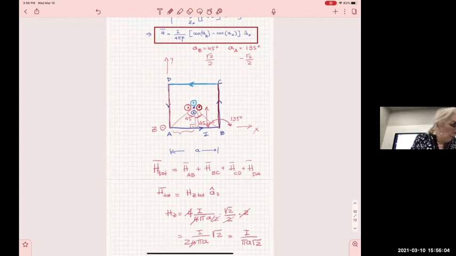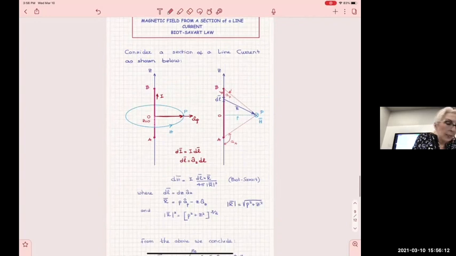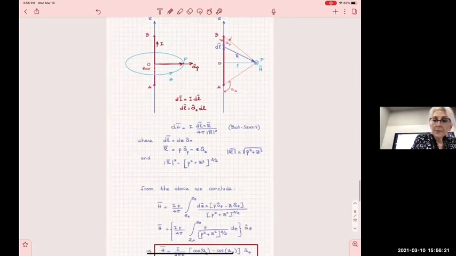So every one of these angles is going to be 45 degrees. So this is 45, and according to this, if one angle is 45, the other is going to be the external, 135. Is that what you asked?